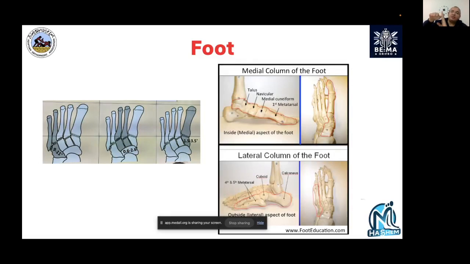You can still fuse it because it has only 3-4 degrees of movement. Second and third, you fuse freely because they are nearly fused. Fourth and fifth, no fusion. Even if you do something, you have to temporarily hold it and remove the metalwork later on, because if you fuse them, you will not be able to walk normally.